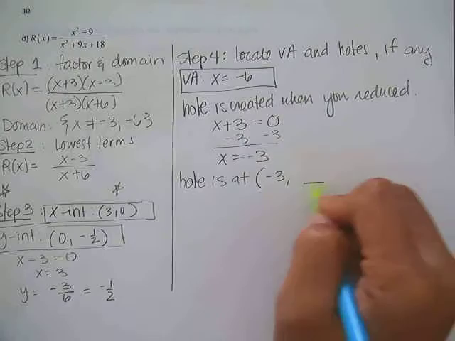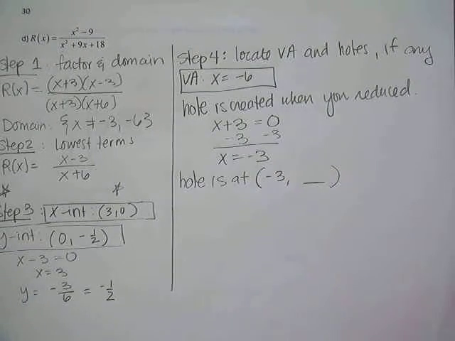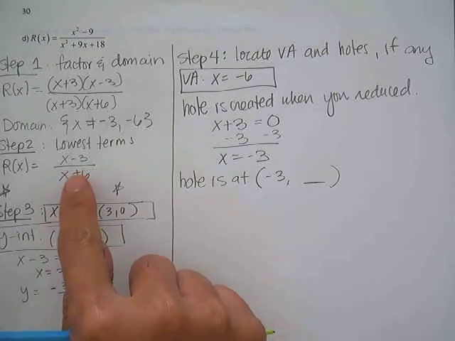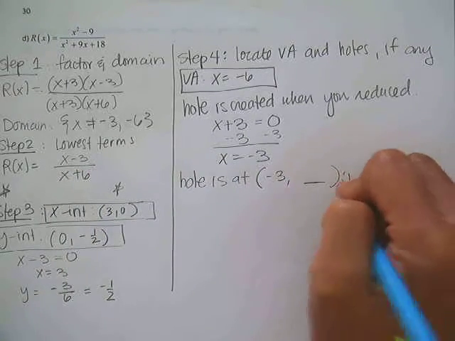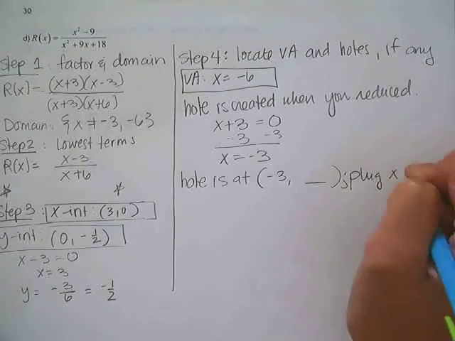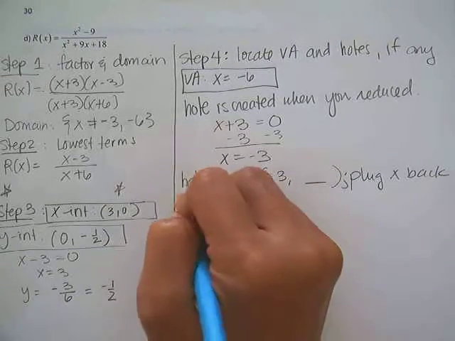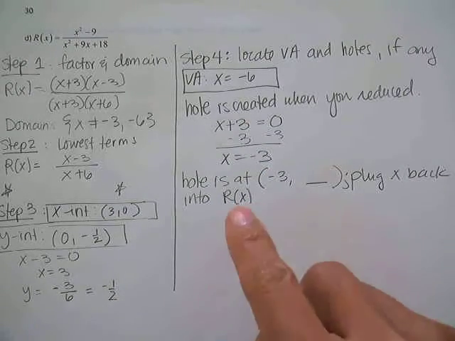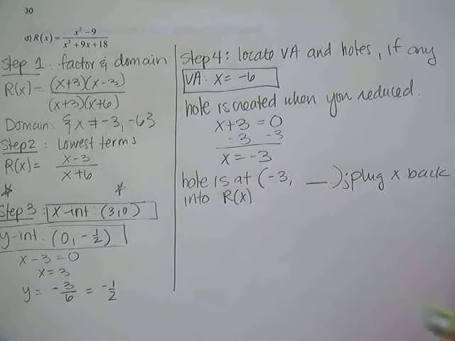I also would need to find the y coordinate by putting -3 back into my step 2 function. So we're going to plug x back into r of x. Remember, we only use the reduced form.